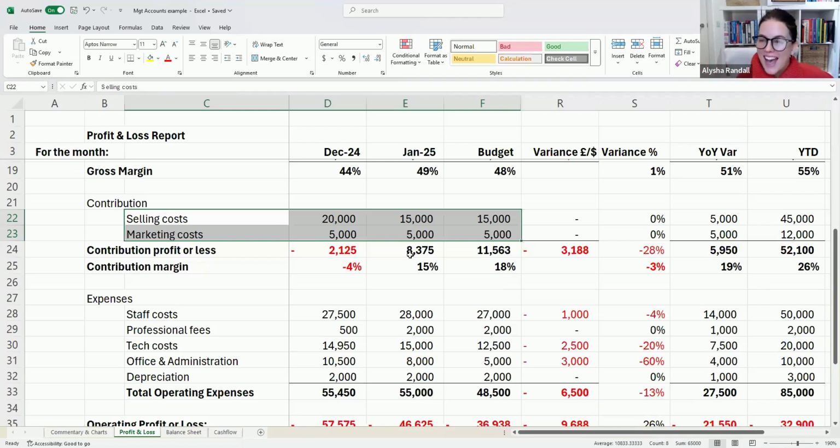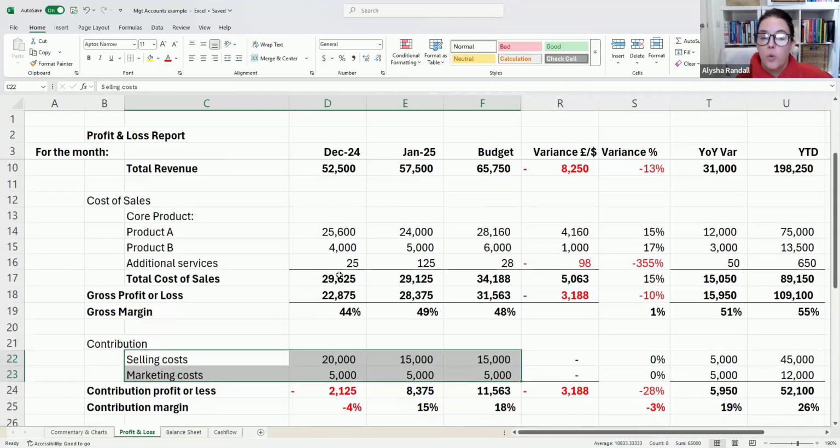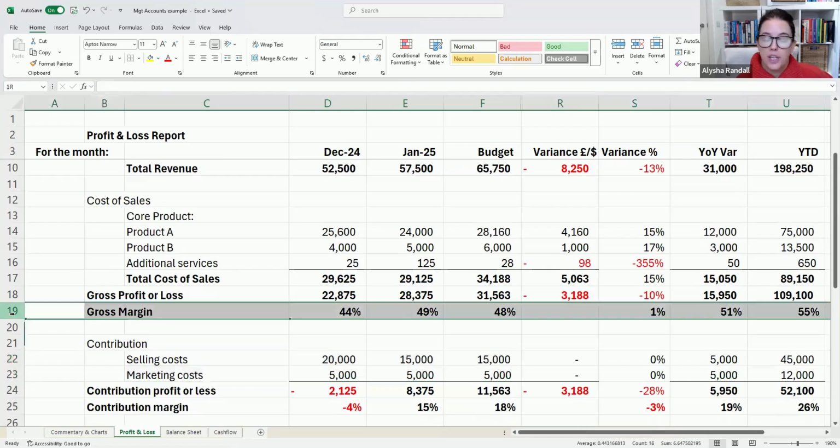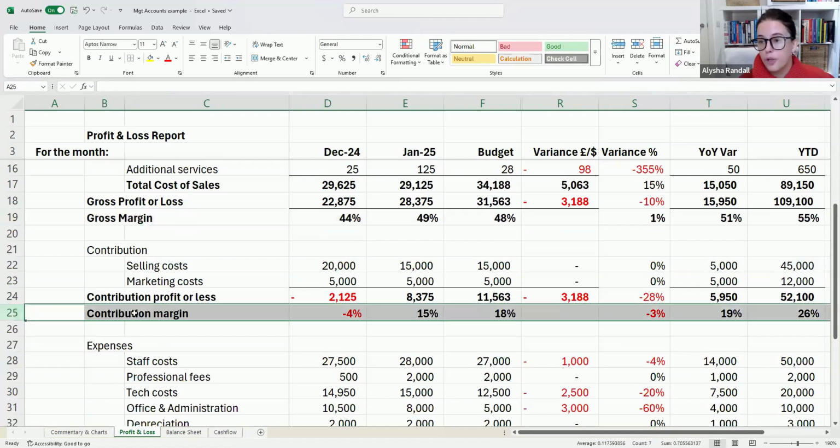And so in a startup or scale up, early stage business, you want to be in the black at the gross margin as quickly as possible, probably once you've got product market fit. If this is still in the red after product market fit, you need to seriously do something, because otherwise your business margin is not working. And then the next thing is focusing on contribution margin.